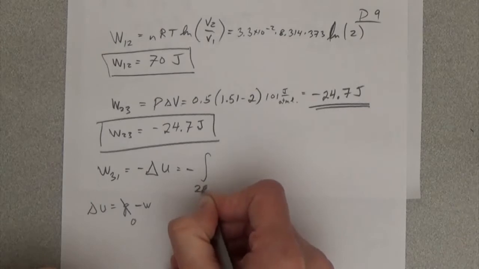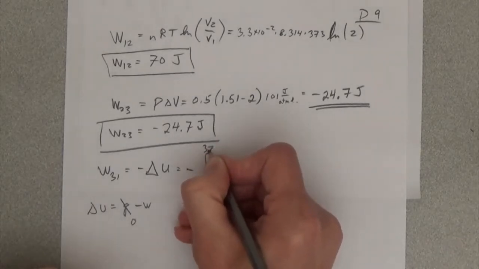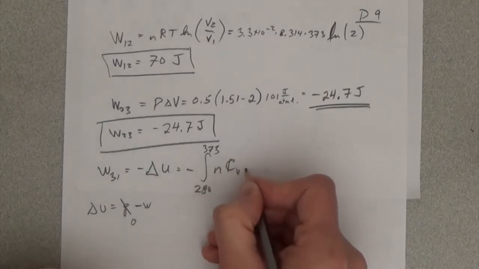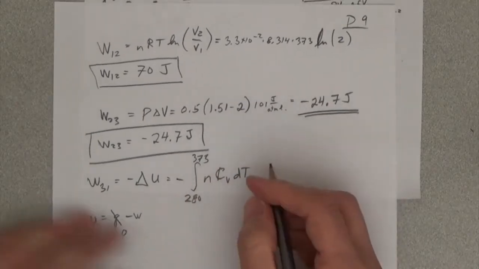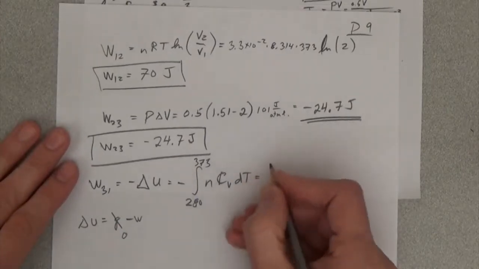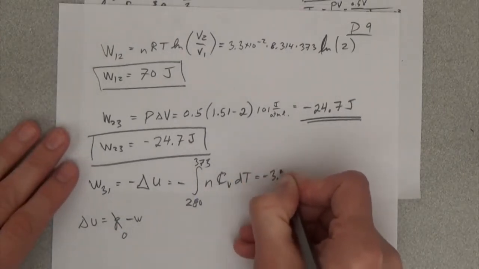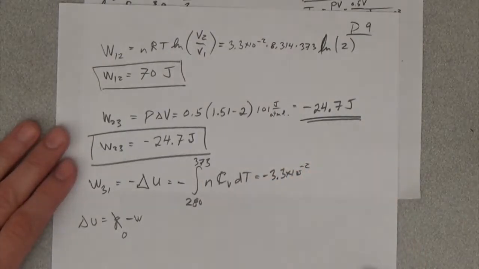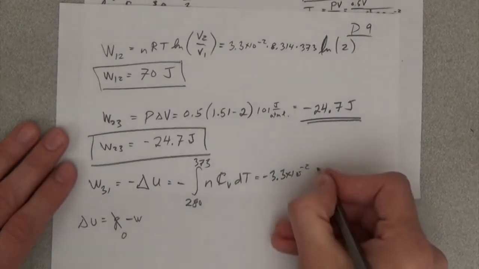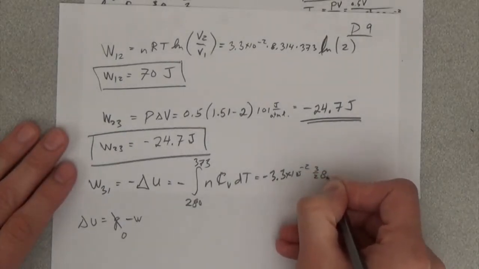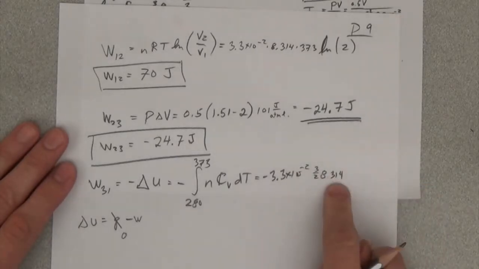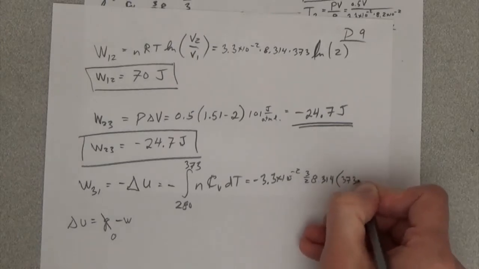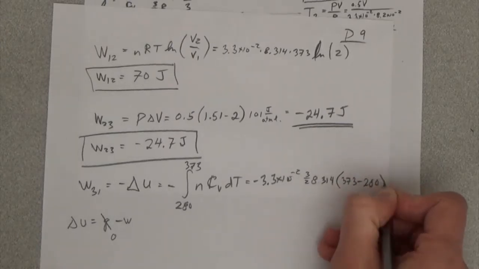Integral from 280 to 373 of N Cv dT is equal to minus 3.3 times 10 to the minus 2 times 3 halves R, times delta T, which is 373 minus 280.